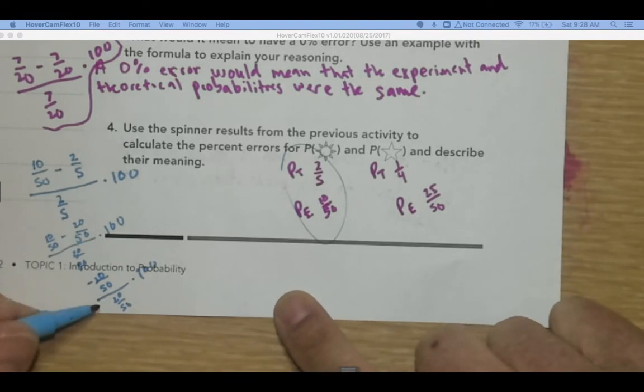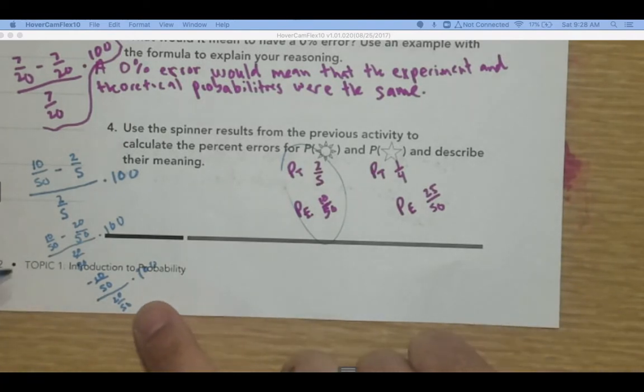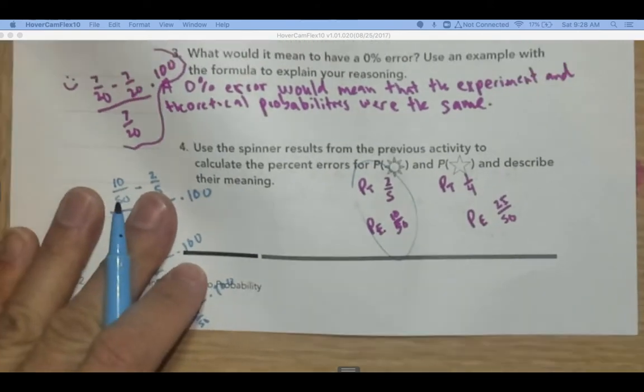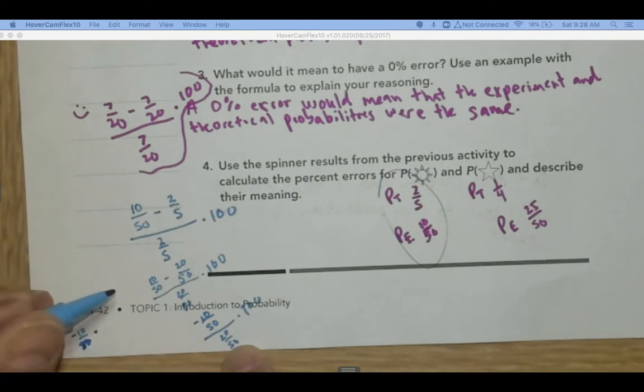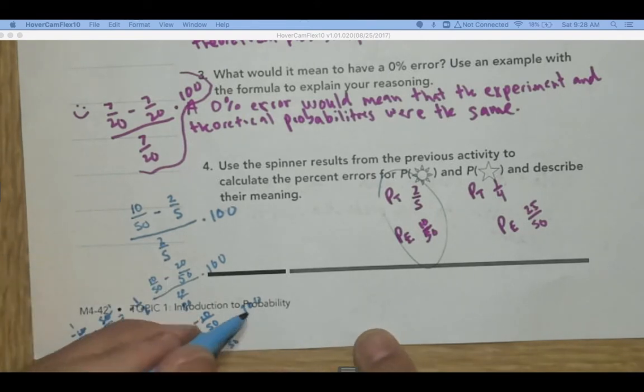Then if I think of this as a division problem, it would be negative 10/50ths divided by 20/50, but it'd be times 50/20. Reduce to 1, reduce to 2, and it would be negative 1/2 times 100.